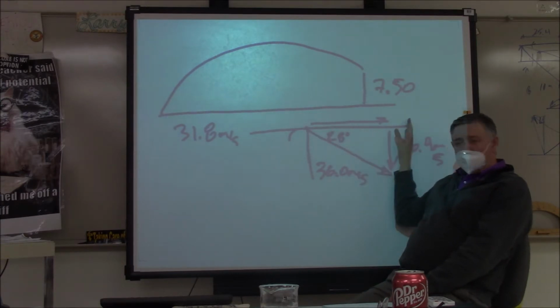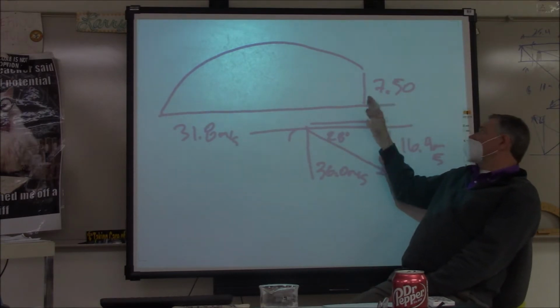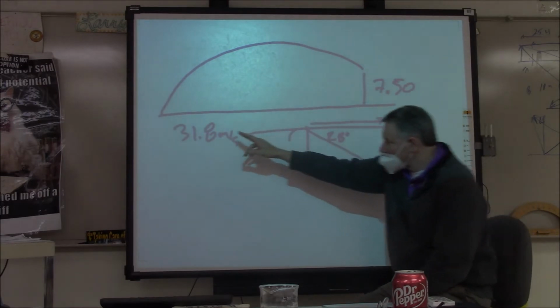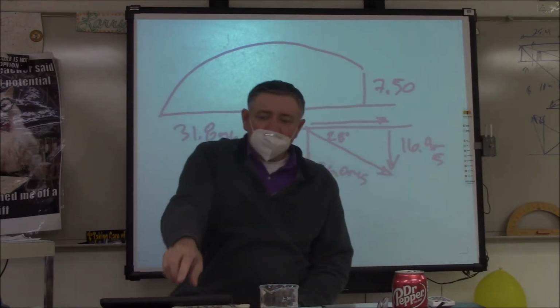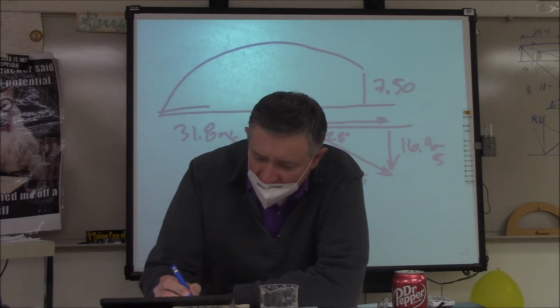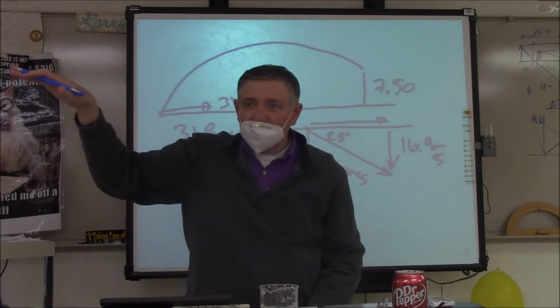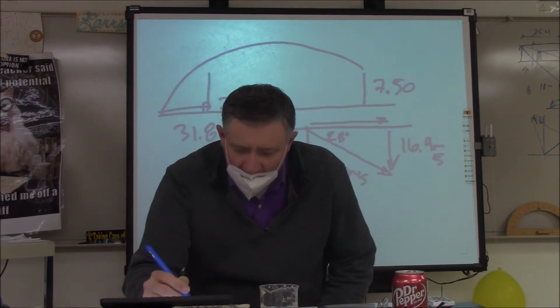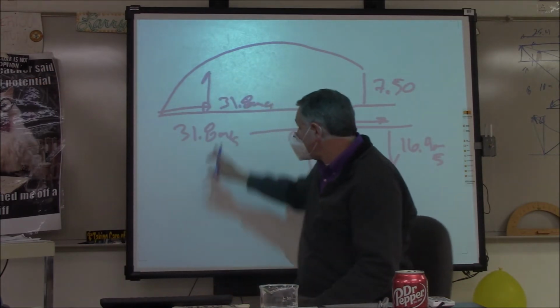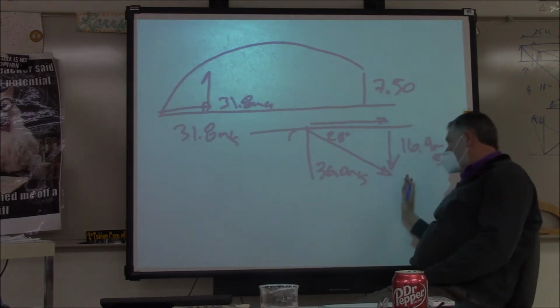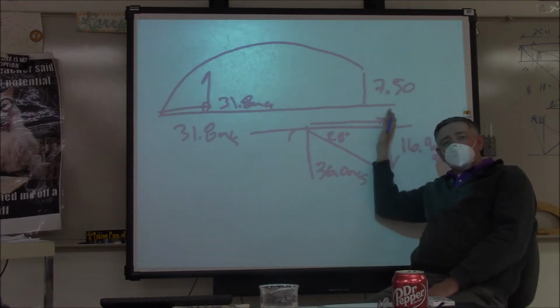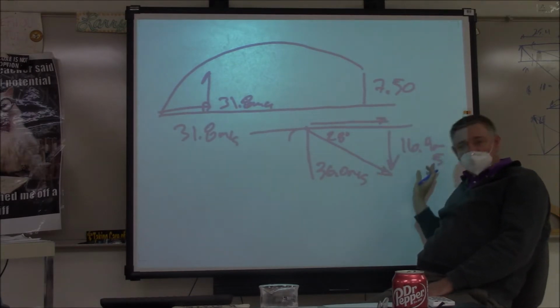So that's 31.8 meters per second when it's launched. So we already know the horizontal component over here. But what we have to find is the vertical component that it had here, which is going to be the same value as this vertical component when it actually hits the ground.